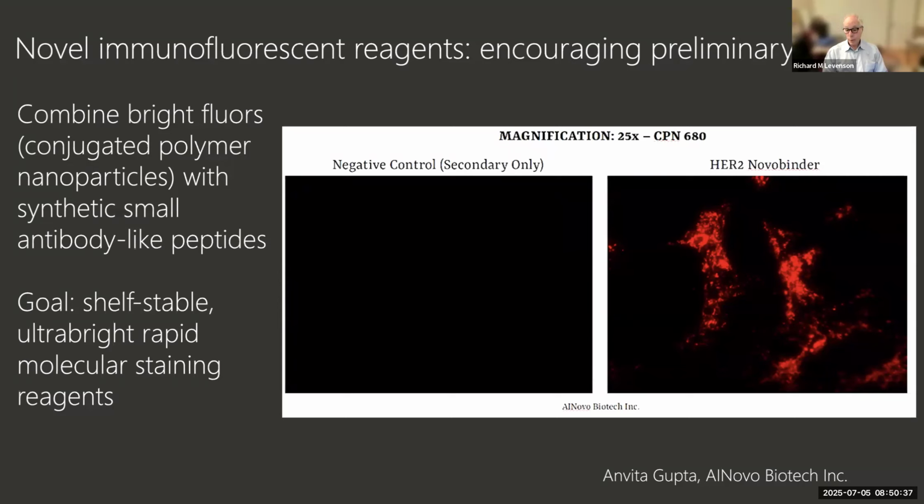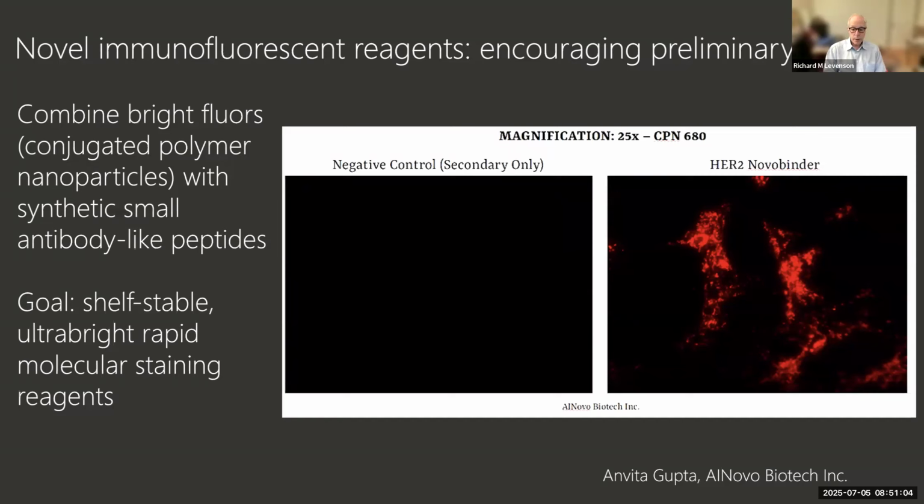Typically, when people look at fluorescence microscopy, they have to use sort of fancy, expensive fluorescence scopes. We want to use the same scope for not just the histology, but also the imaging of molecular markers. And we would also like to get away from antibodies, which can be expensive and can be unstable. They're large proteins, and so they need to be kept frozen or freeze-dried.